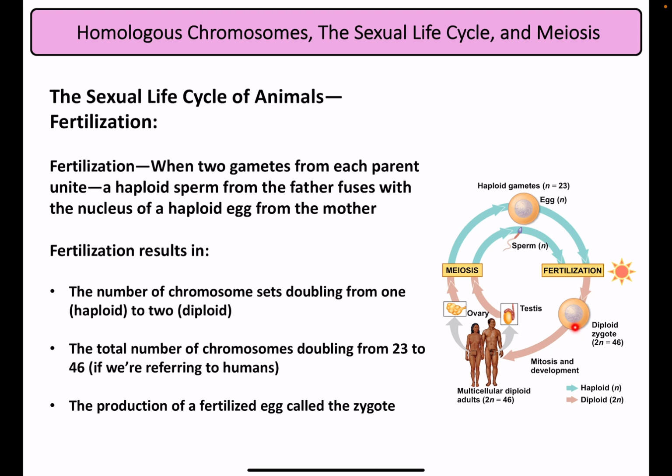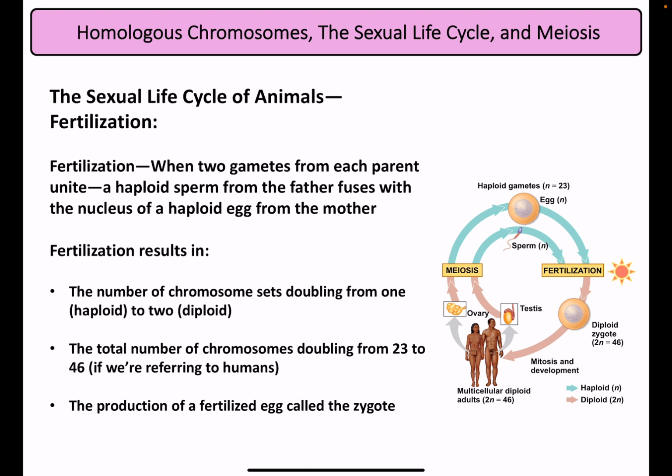And we have a name for this cell that is the result of sperm and egg fused together. It is called the fertilized egg, also known as a zygote. We all started like this. All animals start as a single cell. Pretty wild. And then through many rounds of mitosis, with certain cells becoming certain tissues, a lot of growth and development, until finally you're an adult.